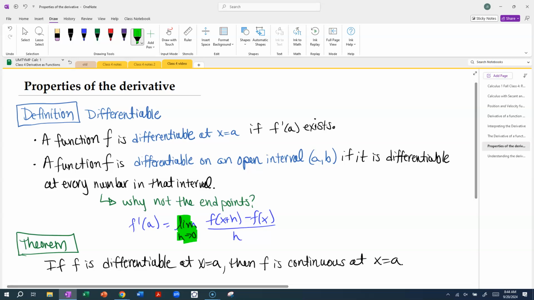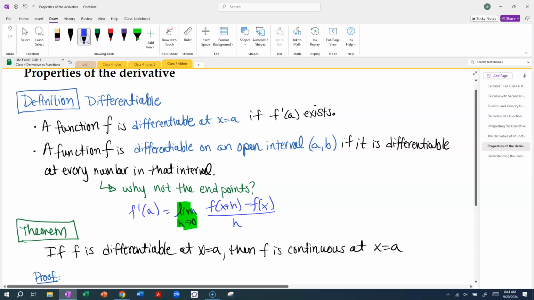How do you talk about the other side? You're like, well, there isn't a function, so it isn't defined. But then on the other hand, you can say, well, there isn't a function, so it has to be defined. So mathematicians get worked up in a tizzy over this because it's sort of like a logic conundrum that we haven't quite come to an agreement on. So in this course we're not going to talk about endpoints being differentiable, just to avoid the issue.